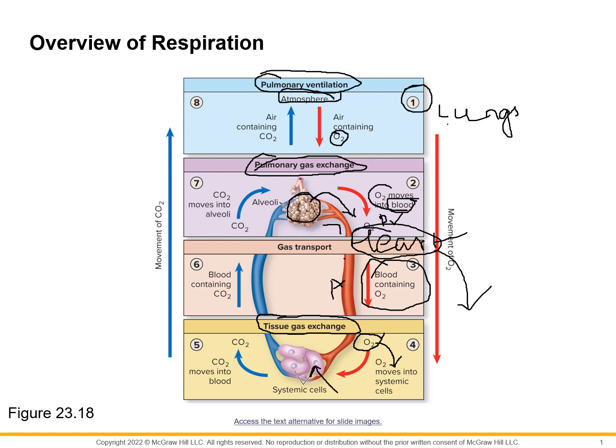So one way to put this is in your lung, oxygen gets loaded onto blood. It hops on the ride. And when you reach systemic tissues, oxygen gets unloaded or hops off. When oxygen gets unloaded, it enters the tissues, which are undergoing cellular respiration.